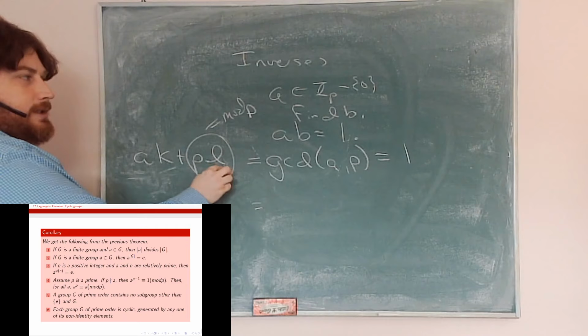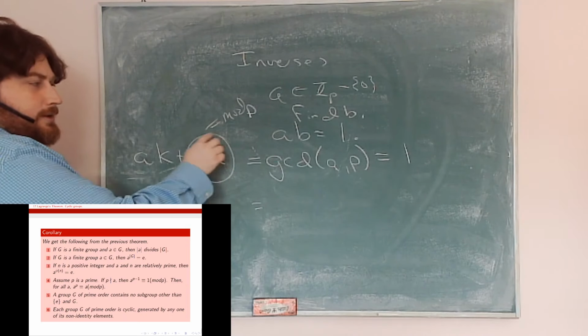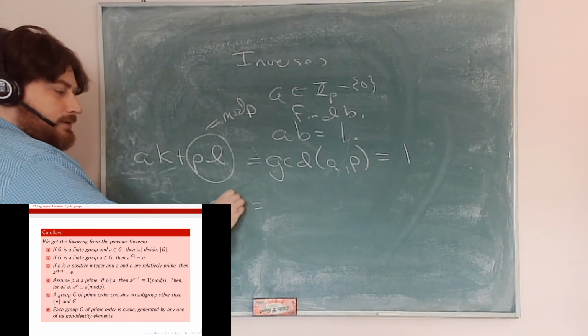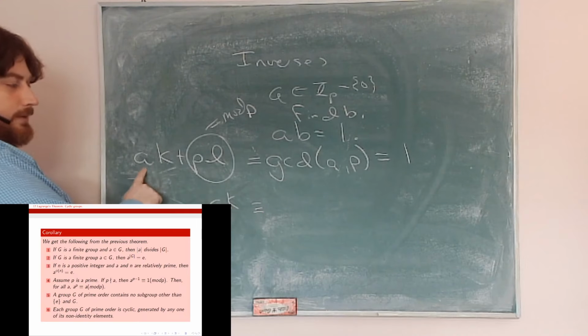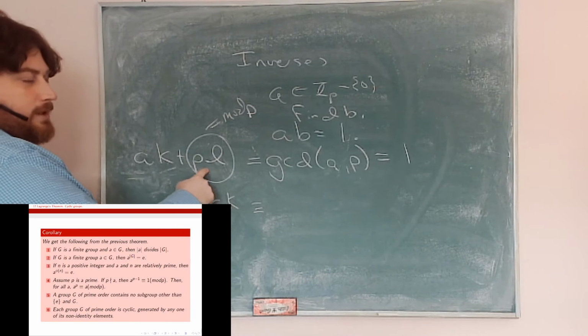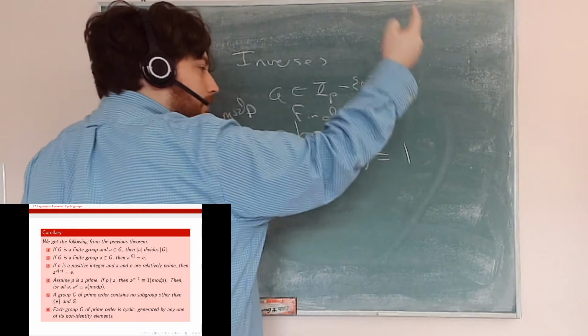P times anything mod P is 0, so this is just 0, isn't it? So mod P, A times K is congruent to AK plus PL, which is congruent to the greatest common divisor of A and P, which is equal to 1 mod P.